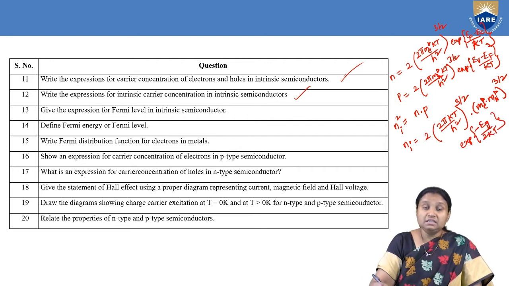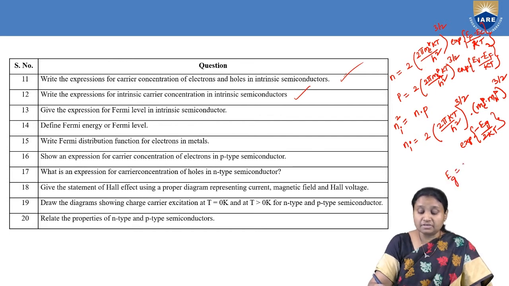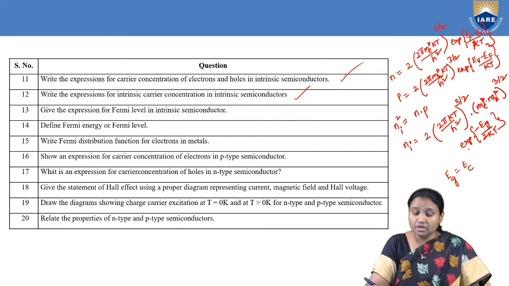And what is Eg here? Eg is the forbidden energy gap, taken as the difference of the bottommost energy level of the conduction band to the topmost energy level of the valence band. So this is the expression for intrinsic carrier concentration.